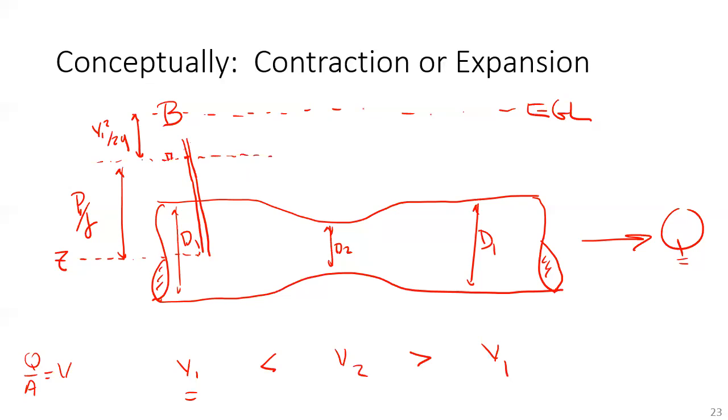So what happens is, as you move into this, and it's happenstance that it went to the top of the pipe, it can go anywhere. This is V2 squared over 2G. And this distance from the pipe center line to here is P2 over gamma.